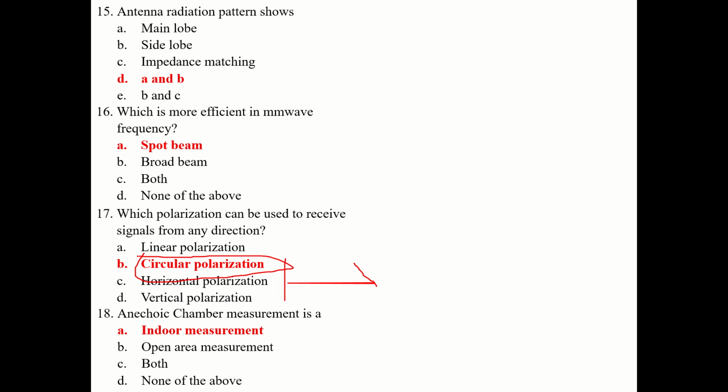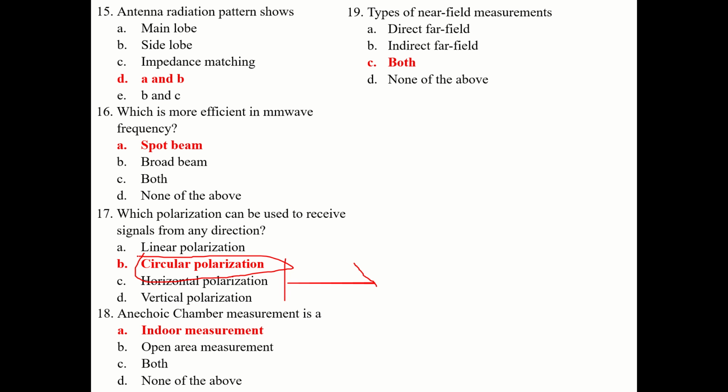Next, anechoic chamber measurement is an indoor measurement, not an open measurement. We go for the anechoic chamber because open areas have several limitations, such as weather conditions and multipath fading. Next, the types of near field measurements are direct far field and indirect far field. Direct far field uses a compact antenna test range.